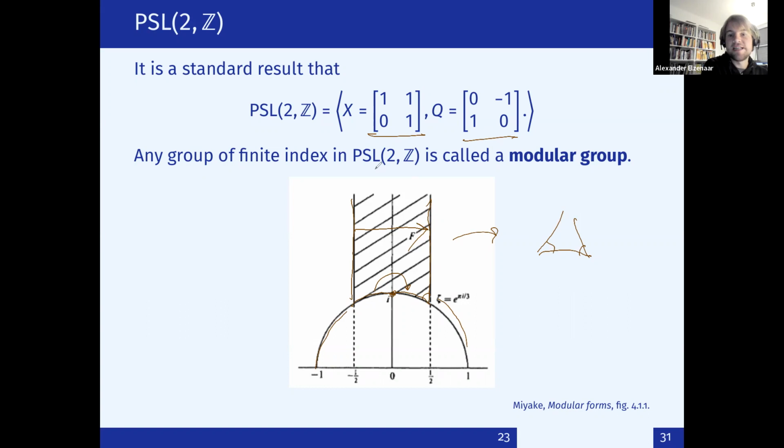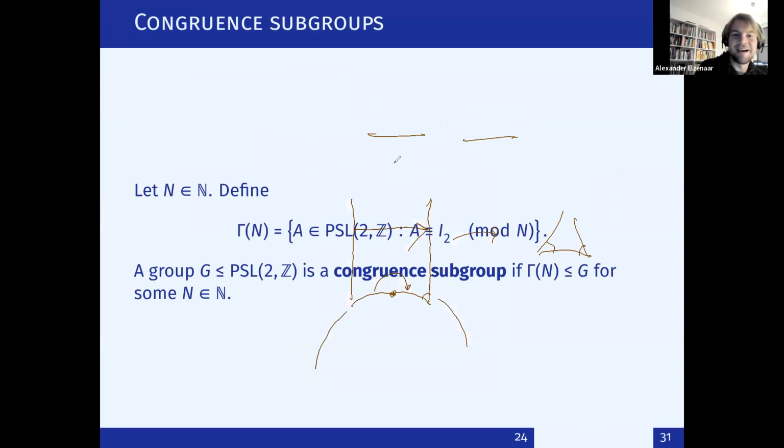A group of finite index in PSL2Z is also discrete, and it's called a modular group. And so just in the last couple of minutes, I want to tell you what this has to do with Fermat's last theorem. This is a technical notion. So I define modular groups as being groups of finite index in PSL2Z.